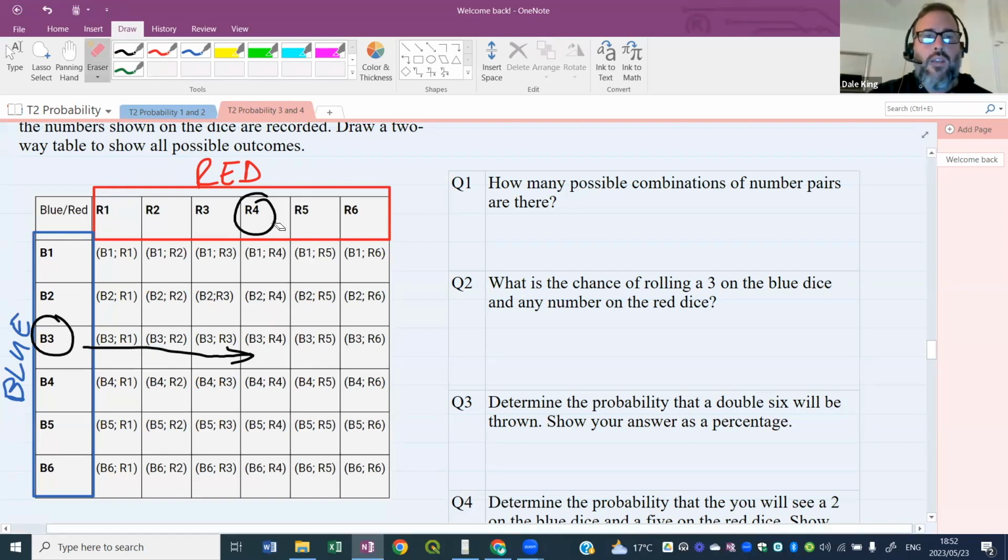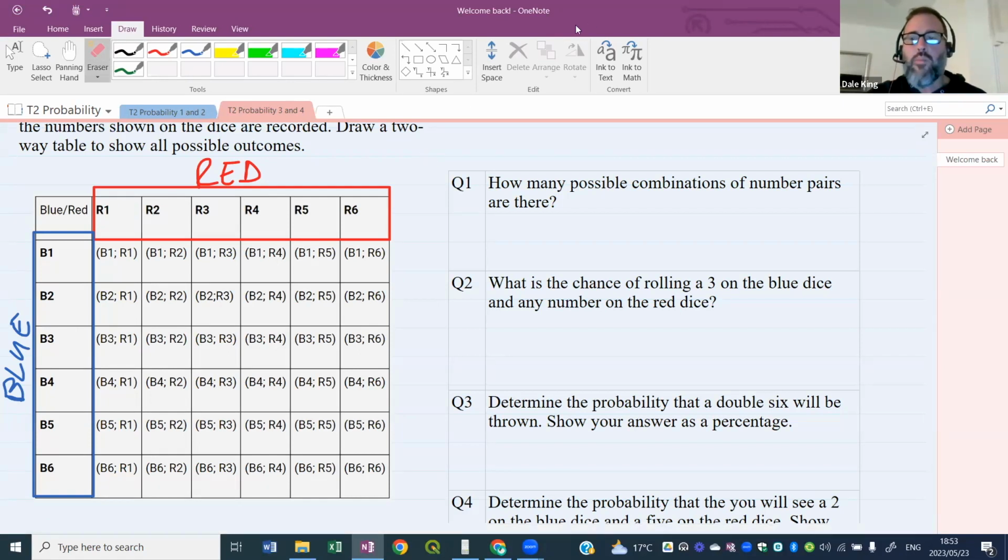All right, here's the question in chat. You can put it there. How many possible combinations of pairs of numbers are there? Looking at this diagram, there are all the possible combinations. How many possible are there?